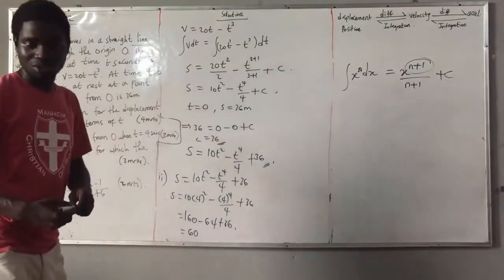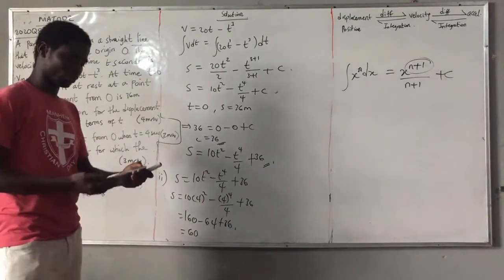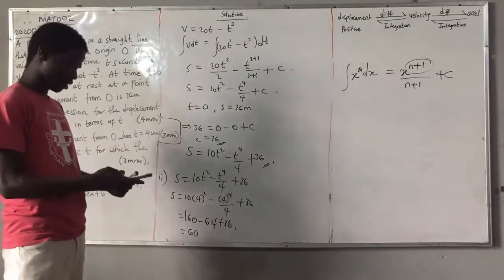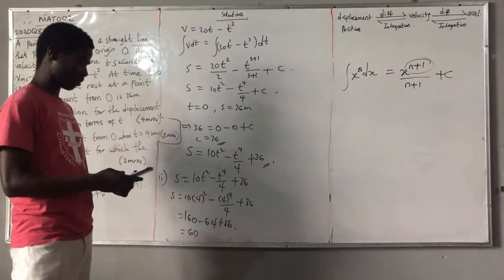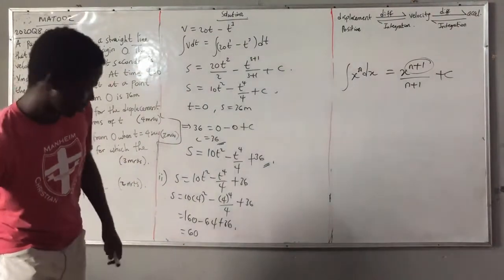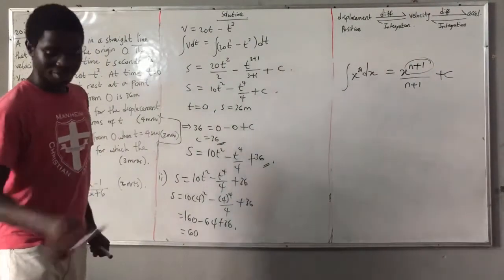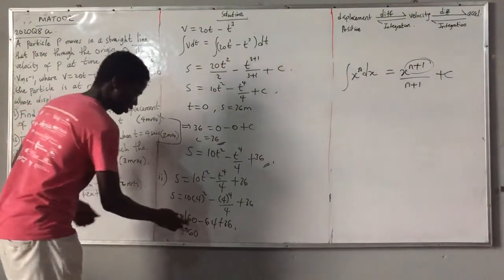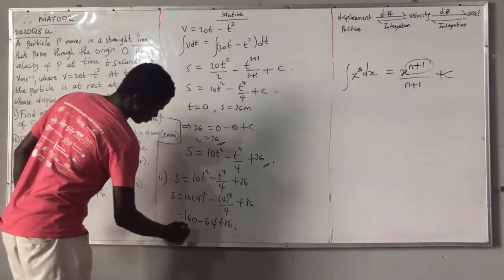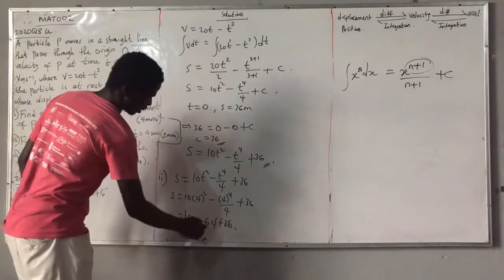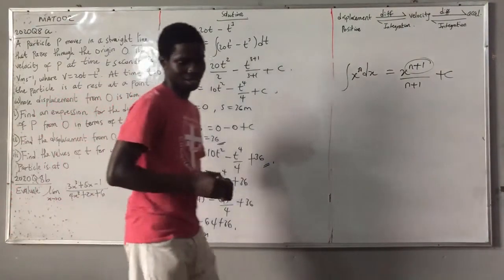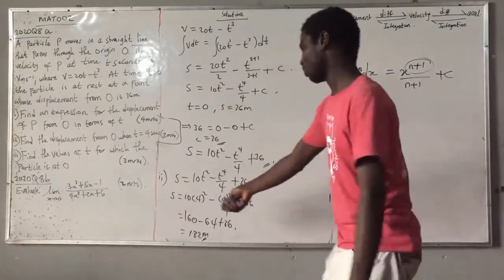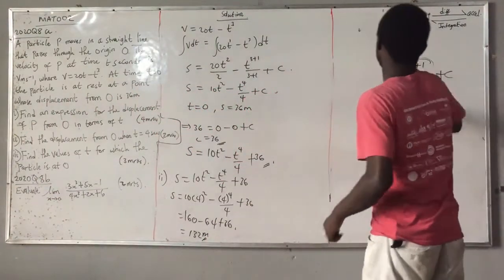Or whichever one, let us use calculator to be on the safer side. When you are in the exam, use calculator. 160 minus 64 plus 36. So actually, I have 132. I was subtracting 36 instead of adding. I have 132 meters. That is the answer.